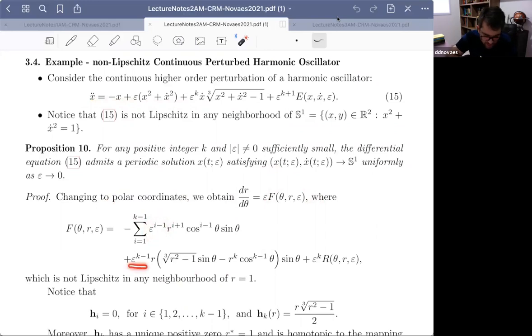And here we have the term epsilon to the power k minus 1 times this function. So the non-Lipschitz part, this one, appears here in the transformed system. So here we have the cubic root of r squared minus 1. So in any neighborhood of r equal 1, this function is not Lipschitz.